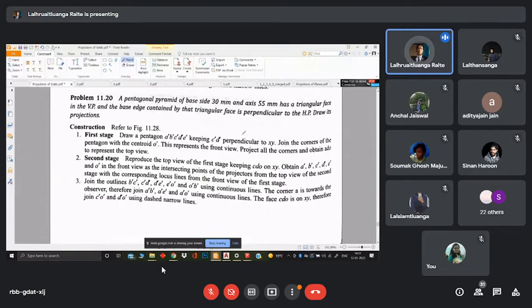In the previous one, we had a prism, right? So now we are having a pyramid, and that pyramid has a base side 30 mm and axis 55 mm, and it has a triangular face in the VP. Right, and the base edge contained by the triangular face is perpendicular to the HP. Draw its projections.